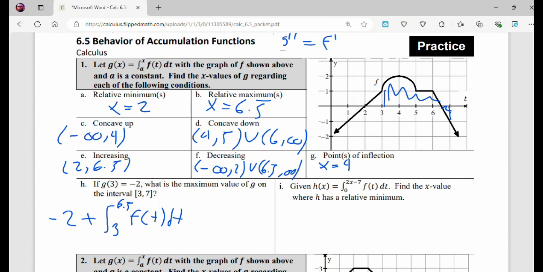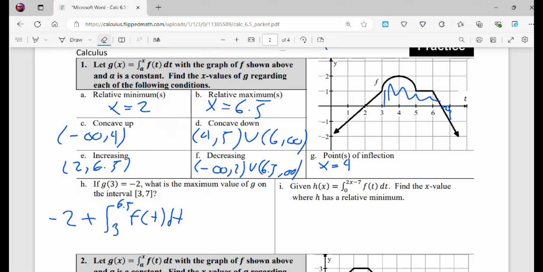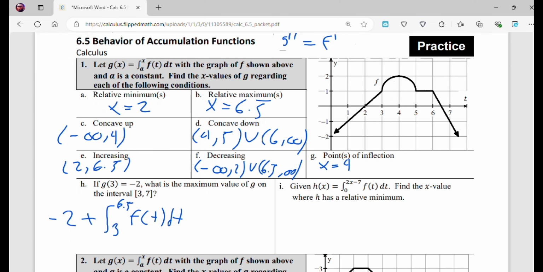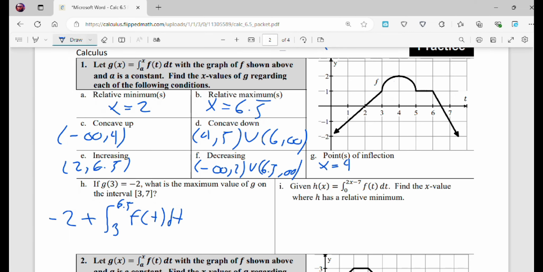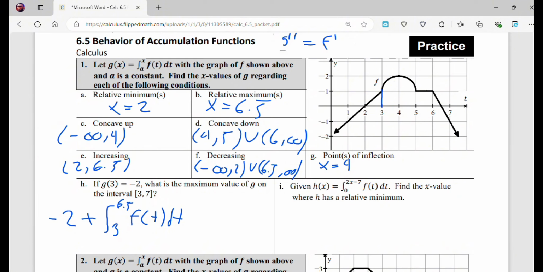Now, how do we solve this? Well, it's the area under the curve, right? So what is the area under the curve? We can split this into shapes. Let's solve the area for this rectangle. From 3 to 5, length times width.